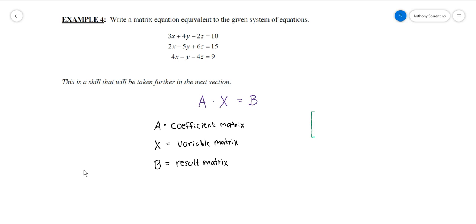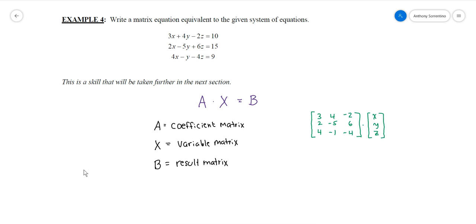And so basically, for this situation here, this would be my A: 3, 4, -2, 4, -5, -1, -2, 6, -4. I took all the coefficients that I had on the left-hand side times my variables. It's usually going to be a column matrix.